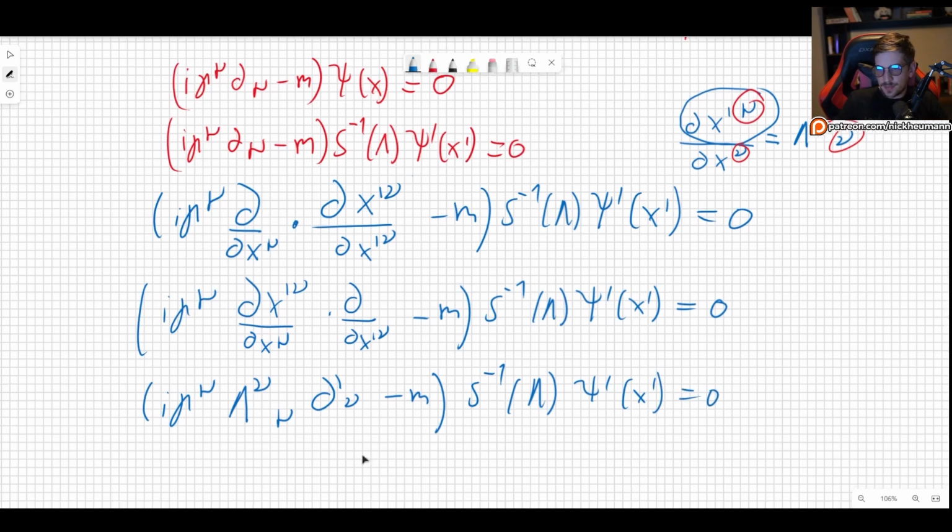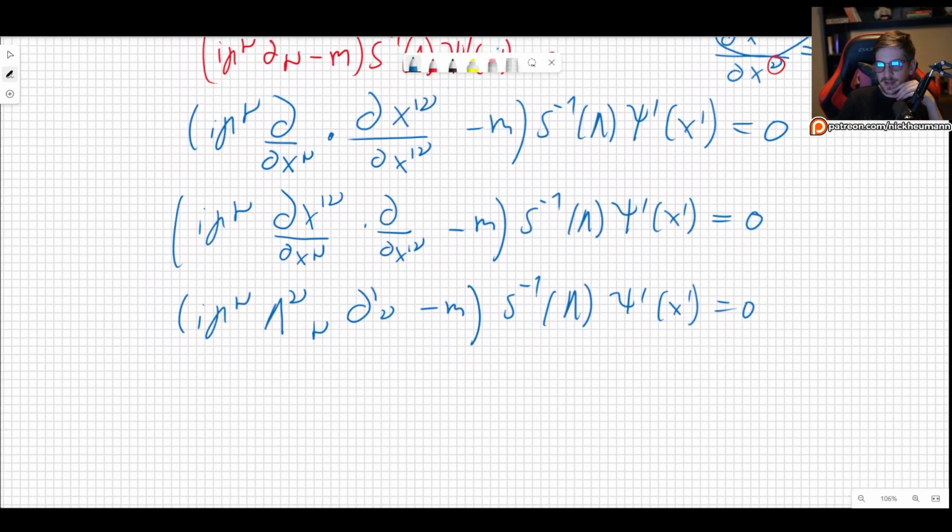Now we can just multiply through by this S^-1 matrix. I will not write the lambda here because I don't have any space. Notice that here we have minus m times S^-1, which of course is not in the original Dirac equation. So let's multiply from the right by S. That way they will cancel out in the m term.